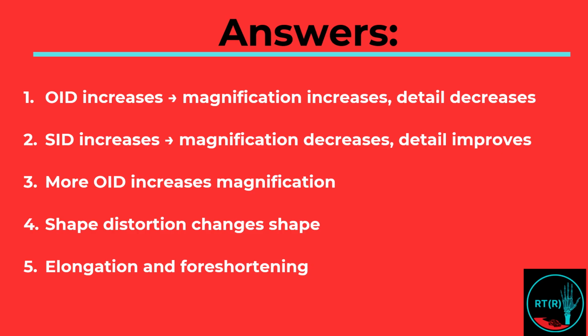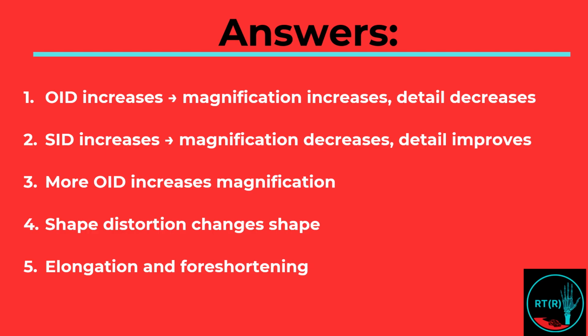Let's review the answers. Number 1, what happens when OID increases? Magnification increases, detail decreases. Number 2, what happens when SID increases? Magnification decreases, detail improves. Number 3, which distance increases magnification more, OID or SID?